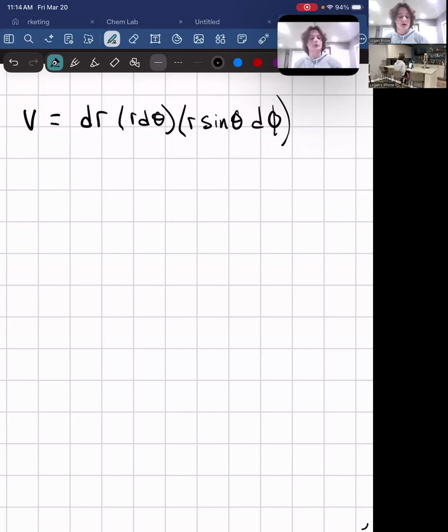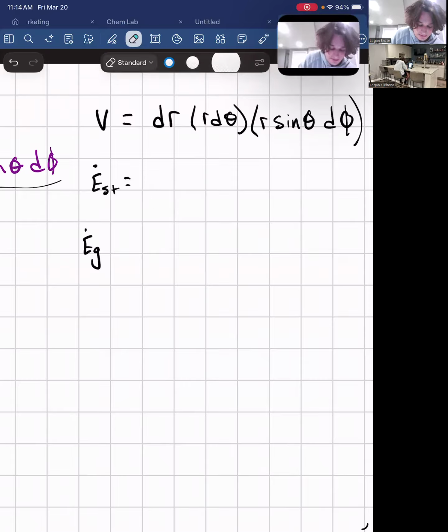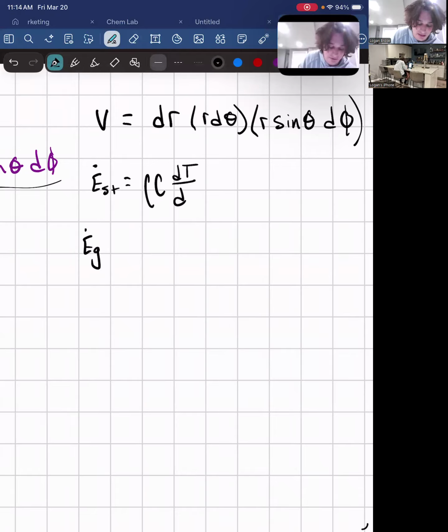From here, we'll move on like we did with Cartesian and cylindrical, and we will write down our energy storage and our energy generation terms. Energy storage, remember, is our density times our heat capacity times the change in temperature over change in time, and then times our volume value.